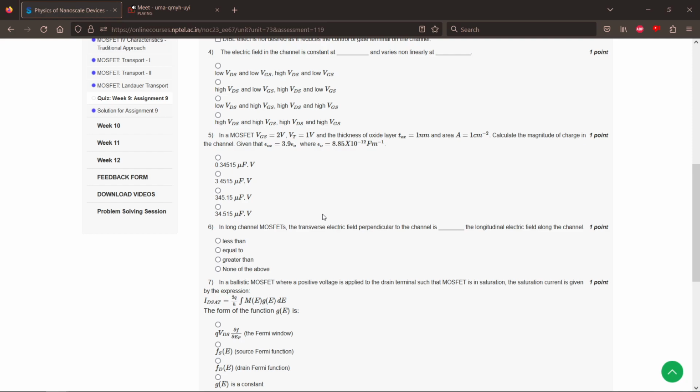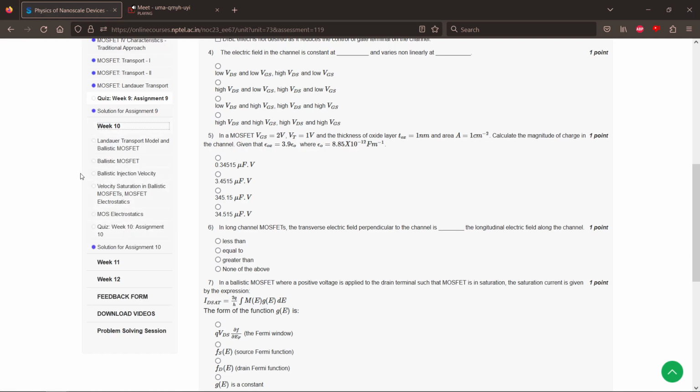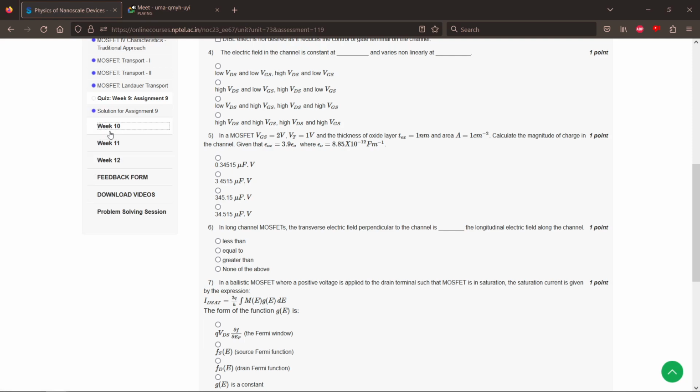It just breaks down. So now in the ballistic case, all this physics that we are learning, the different kinds of modes or the conductivity, next week we will also be reading about how it is applicable to a ballistic case at the nanometer scale. Yes, week 10 is all ballistic MOSFET.